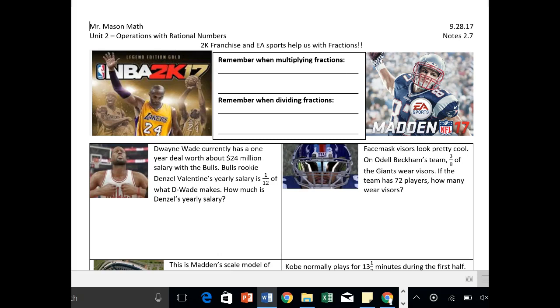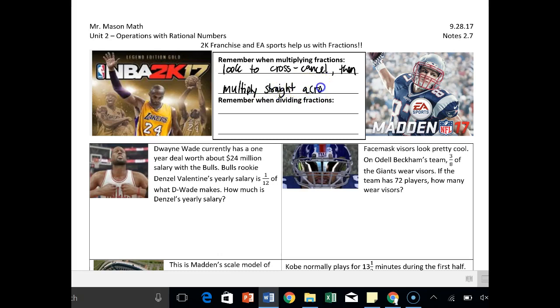So remember, right off the bat, when multiplying fractions, we look to cross-cancel, comma, then multiply straight across. So that's the rule with that. That's with regular fractions, right? If we have a mixed number, obviously we change it to an improper fraction first.